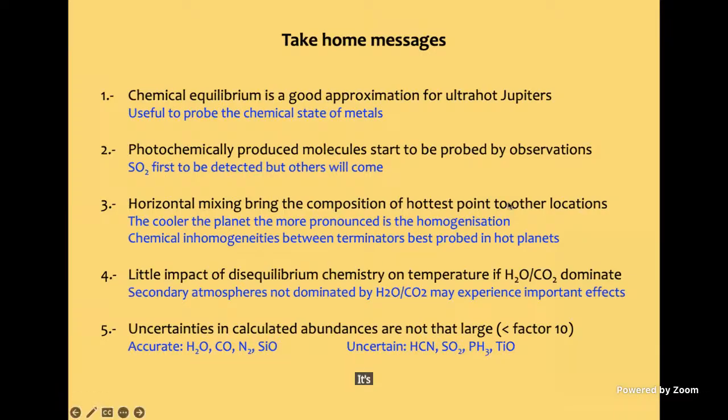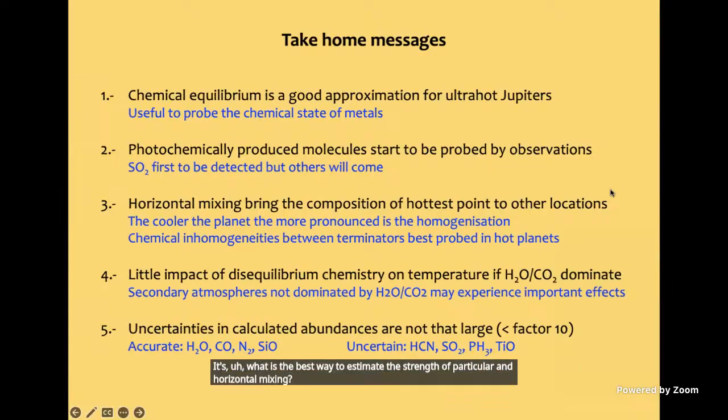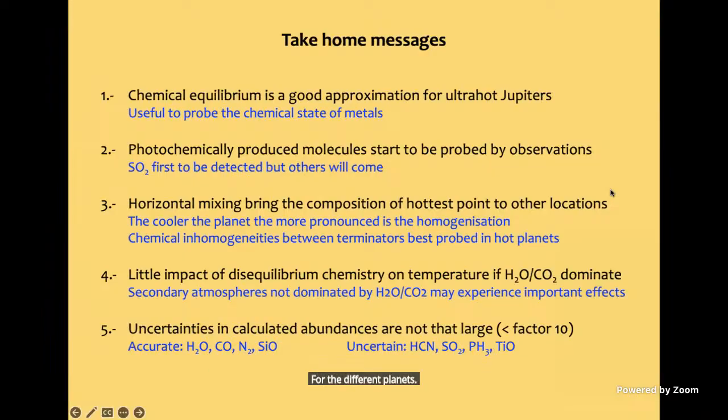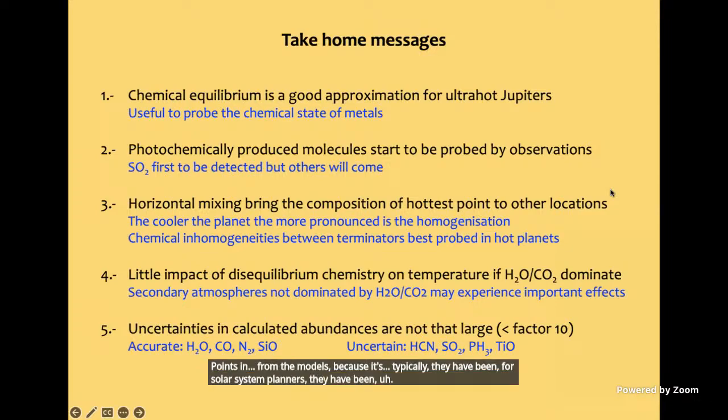What is the best way to estimate the strength of vertical and horizontal mixing for the different planets? Okay, so this is one of the uncertain points from the models, because typically for solar system planets they have been inferred from observation.